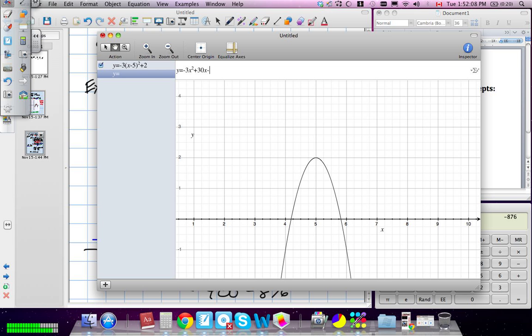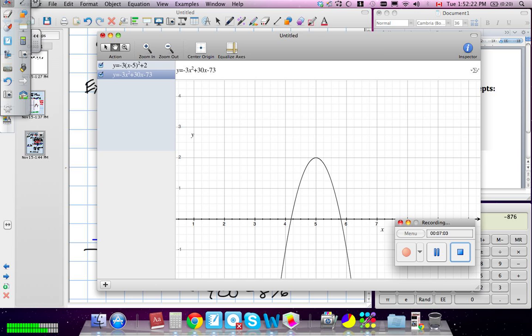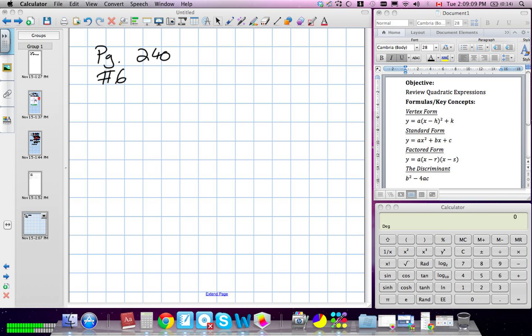Question number 6 on page 240. Okay, question 6. It says the population of a town is modeled by this function. P at t is equal to 6t squared plus 110t plus 4,000.